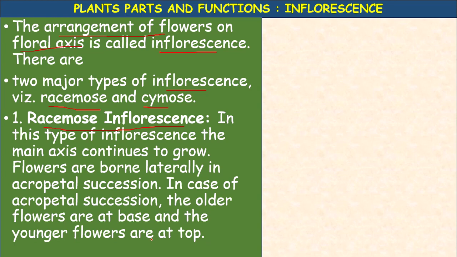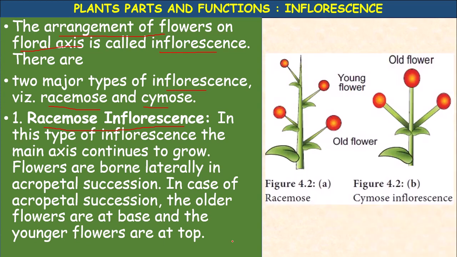This kind of arrangement is called acropetal succession. Example, Amaranthus you can take. Here the old flowers are at the base and the young flowers are at the top. This is called acropetal succession.